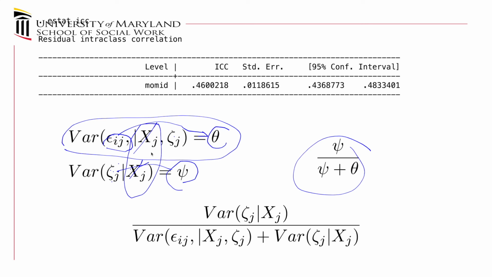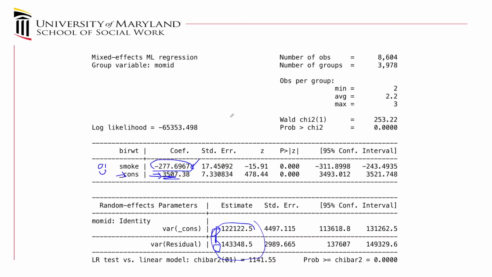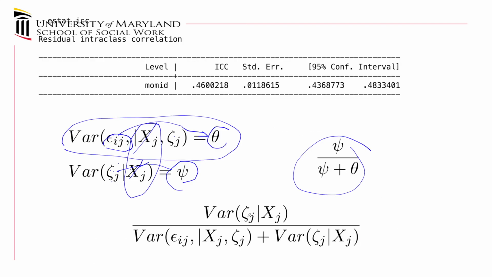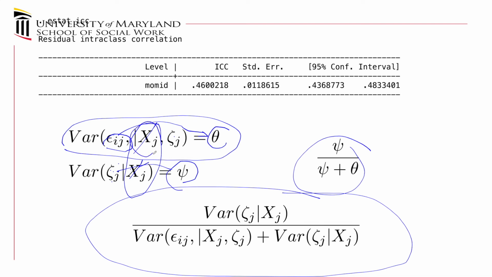You see me moving between the mean and the error model that we discussed before. We're doing that right here. We're now thinking about it more in terms of an error model. Here I was thinking about it more in terms of a mean model, but the error model here is the proportion of remaining variance after conditioning on the x's, in this case smoking, that is at the mother level versus the total level.